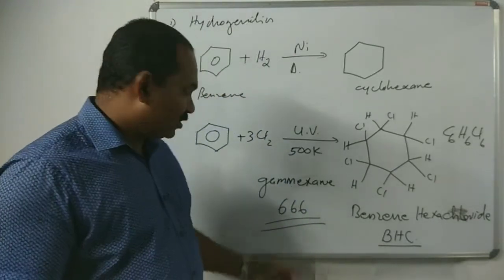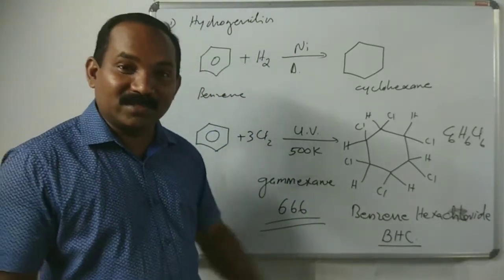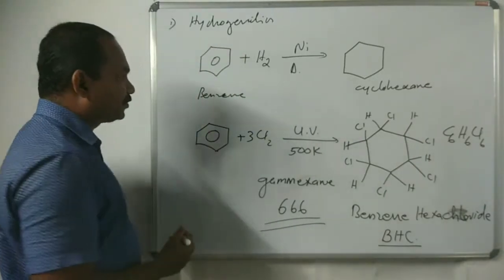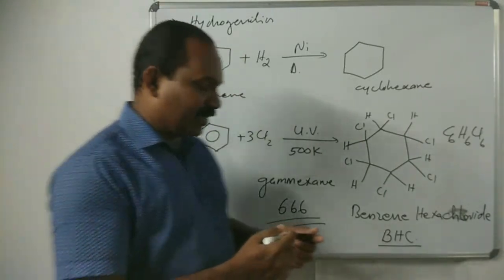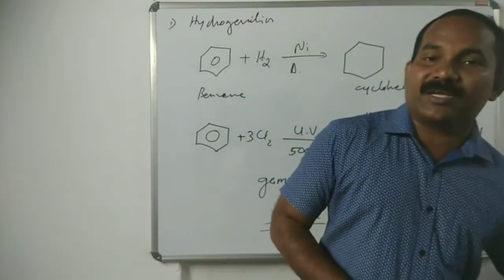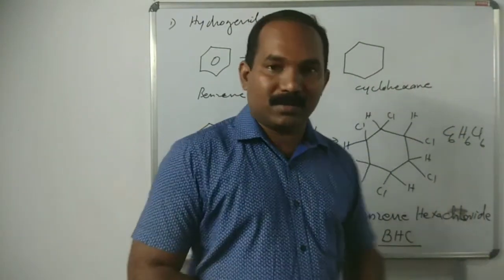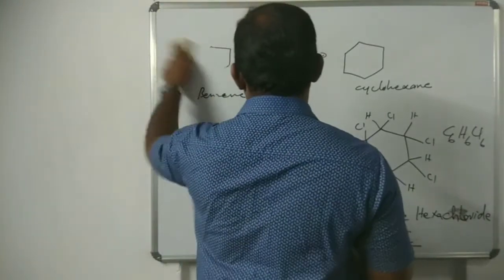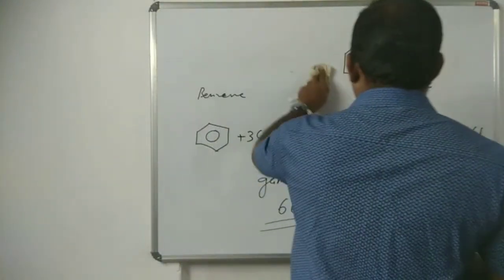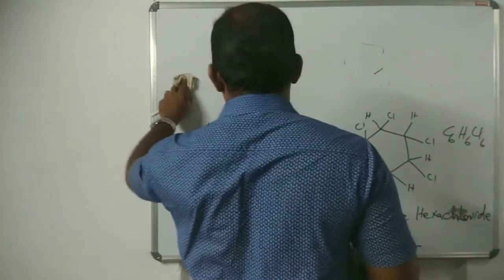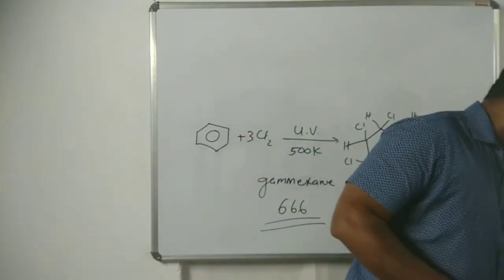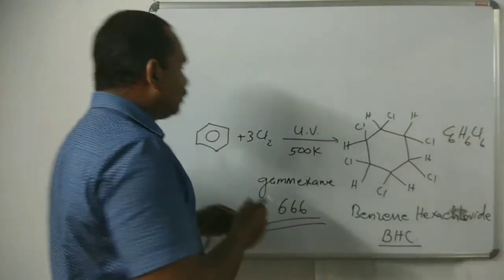Okay, you know that this number is a devil's number. The next is combustion. Combustion of benzene gives carbon dioxide and water. Okay, so the third reaction is combustion. First one is hydrogenation. The second one is chlorination in the presence of UV light. And the third one is combustion.